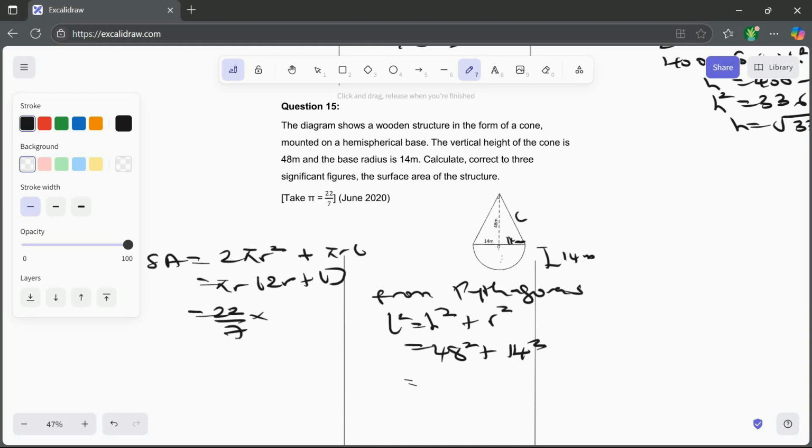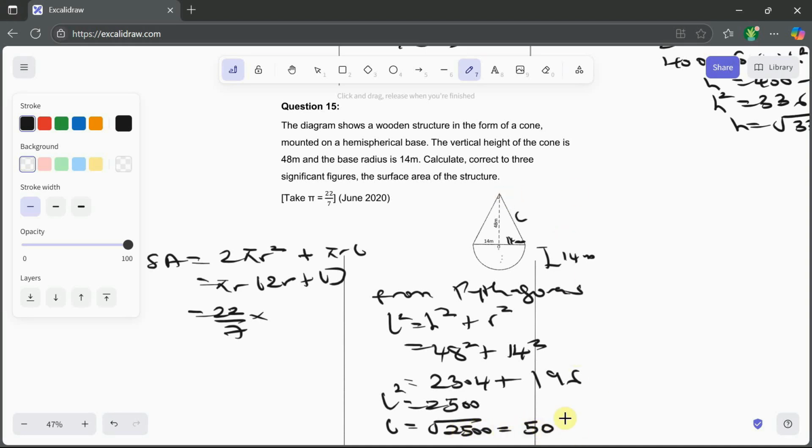So 48 squared would give you 2304 plus 14 squared would give you 196. So 2304 plus 196, that will give you 2500. So the l squared is 2500, so that means the l will now be the square root of 2500, and that will give you 50.